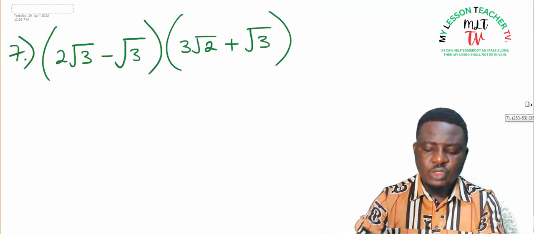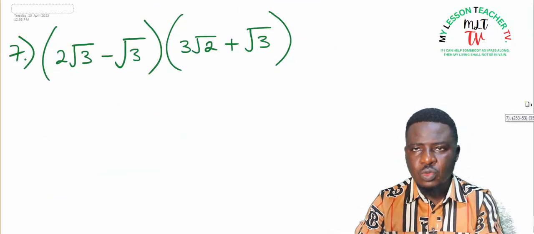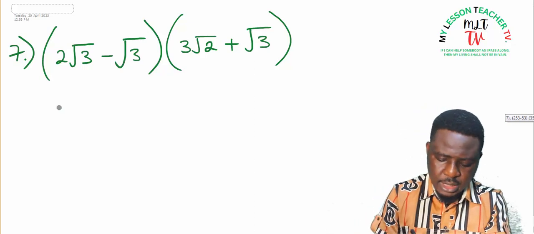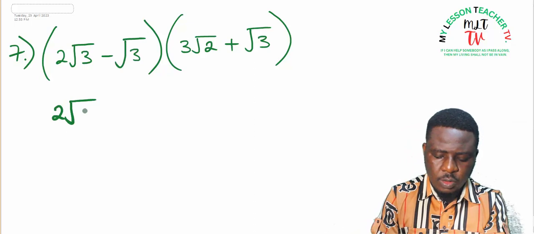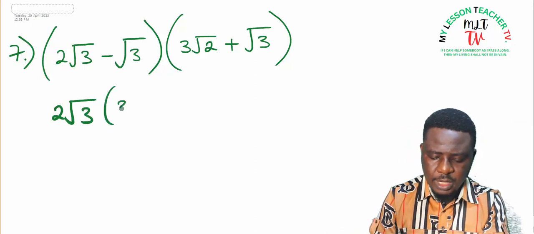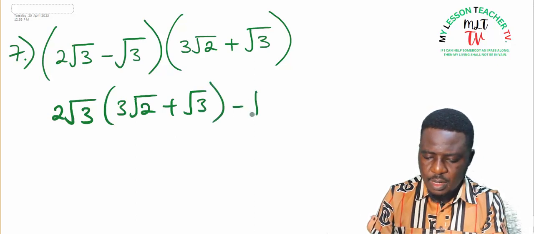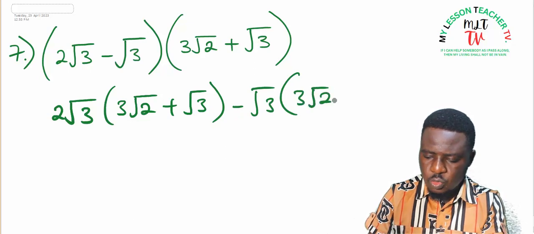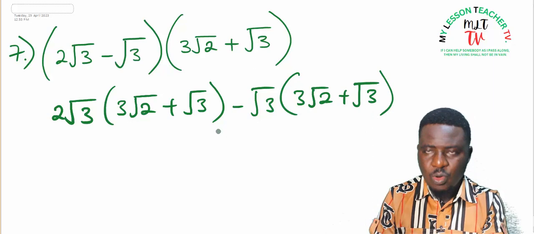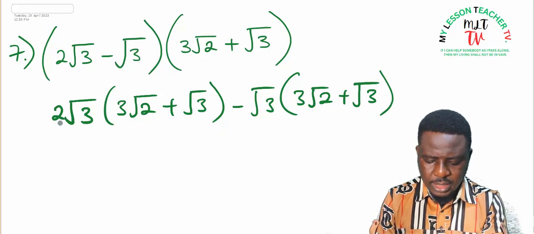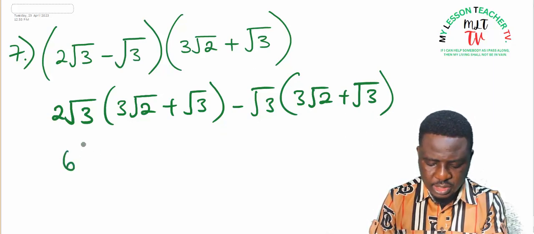Question 7, we have to split one of the brackets into 2 and multiply them in turns with the second bracket. This becomes 2 root 3 into 3 root 2 plus root 3 minus root 3 into 3 root 2 plus root 3. When you expand this bracket, it gives you 2 times 3 is 6.